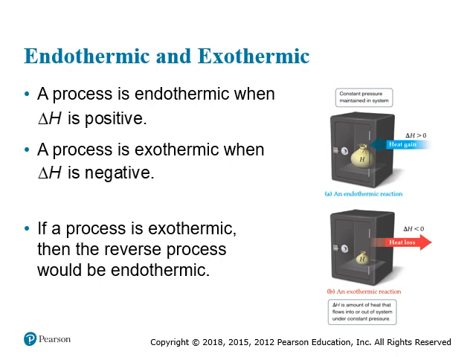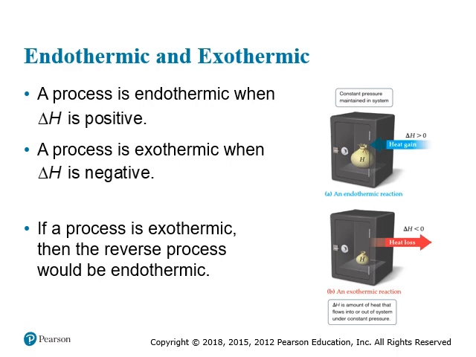So summarizing the concepts of endothermic and exothermic. When we have a process with a positive value of delta H, that is the change in enthalpy, that process is endothermic. A negative delta H for a process is exothermic.